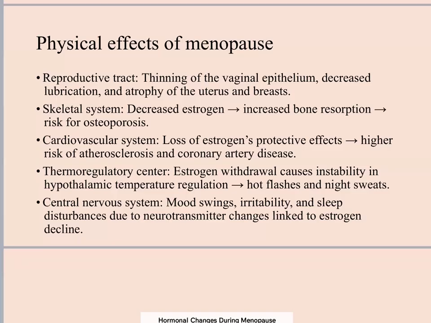And that's very particular to the individual because not all women have that, but some women do. And central nervous system: mood swings, irritability, sleep disturbances. These hormones really affect the brain more than people might realize. So this is why I think that hormone replacement has become so popular.